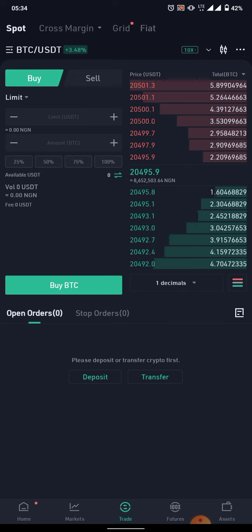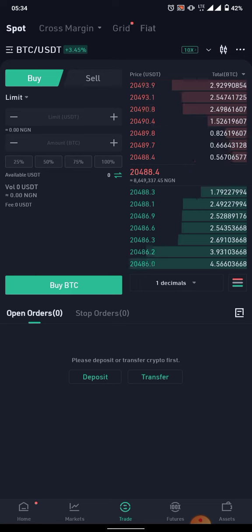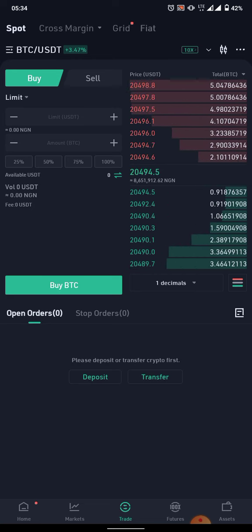A limit order. When you place a limit order to buy, it becomes a limit buy. And when you place a limit order to sell, it becomes a limit sell. So I have to place a limit order to buy Bitcoin at 2300, because if I place a market order, it will be triggered at that exact point.